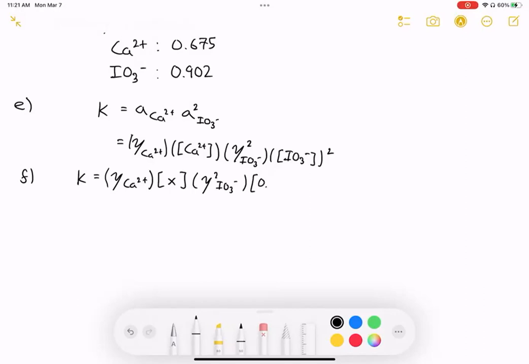So it includes the amount of iodate ion from the potassium iodate. So plus 2x. And then we're going to square this whole thing as well.